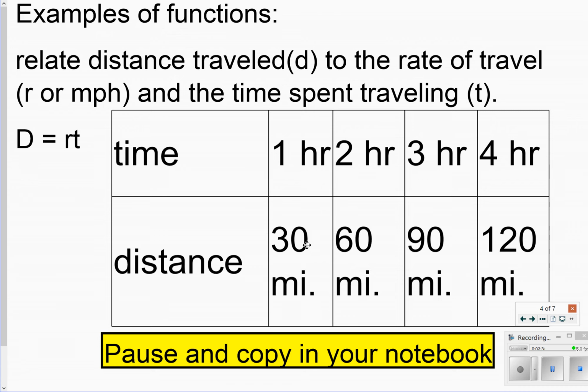Well, that's not very far. That must be stuck in traffic. And if that were true, then 2 hours would take 60 miles, 3 hours would take 90 miles, and so on and so forth. And we can see 4 hours is 120 miles. So we can see that x, after we plug it into our formula, we're going to end up with d, the distance or the y value. Go ahead and copy this into your notebook as well.